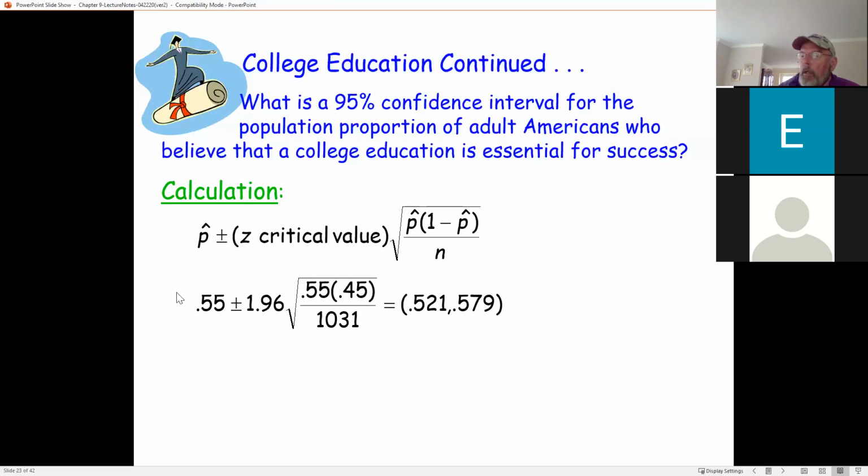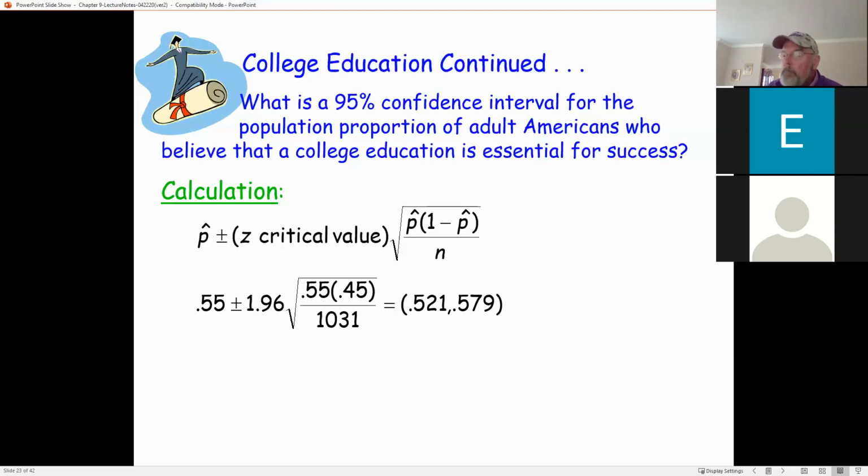Here is the p hat. 1.96 is the Z-score that goes along with 95%. So we can take 0.55 times 0.45 over the sample size. And here then, 0.521 to 0.579 is the interval.